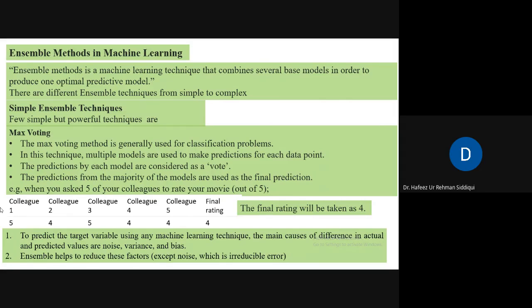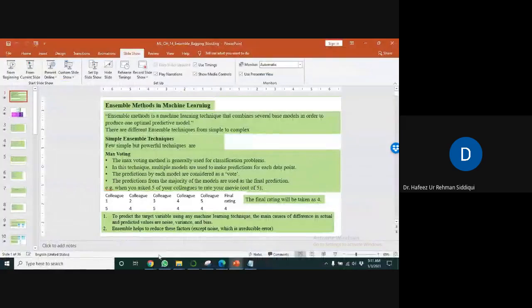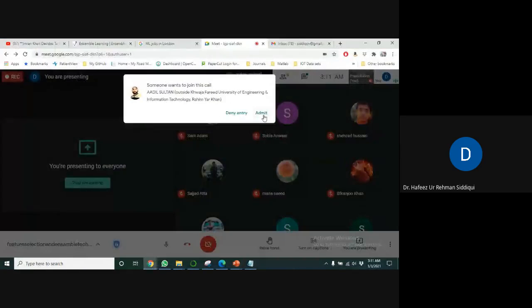So these are the new names for underfitting and overfitting. Variances and bias we will discuss later in the lecture. To address those three issues, we use ensemble to reduce these factors.